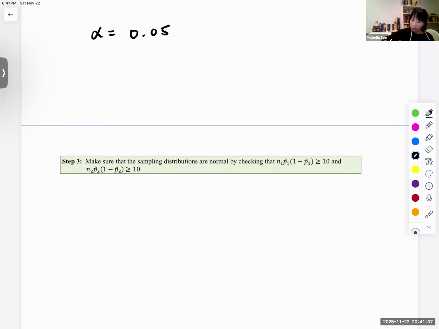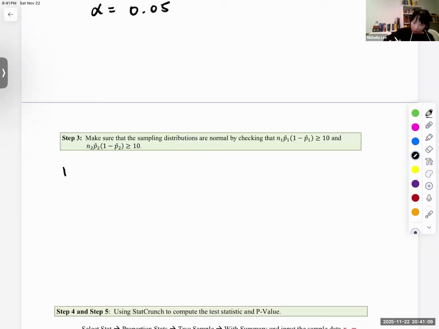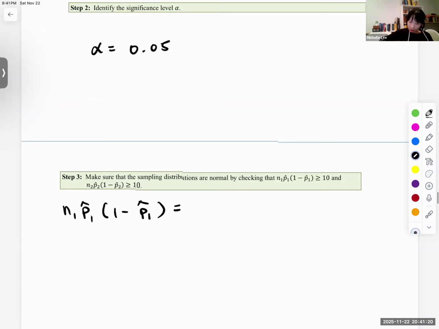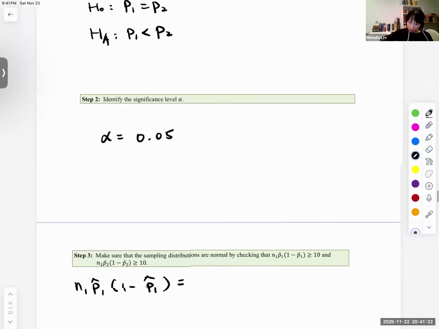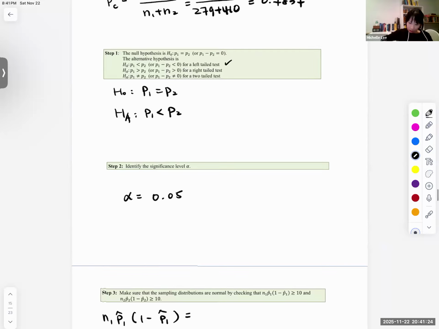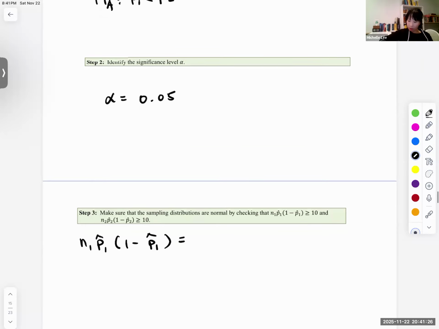All right, now let's check whether it's normal. So sample size, right? We get n sub 1 times p hat sub 1 times 1 minus p hat sub 1. Let me take a picture because I cannot see.